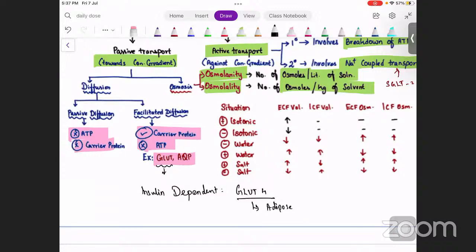Adipose tissue, skeletal muscle, and cardiac muscle. Adipose tissue, skeletal muscle, and cardiac muscle. Okay, these are the important structures of your insulin dependent glucose transporter, and you have to know this in the case of general physiology, people.